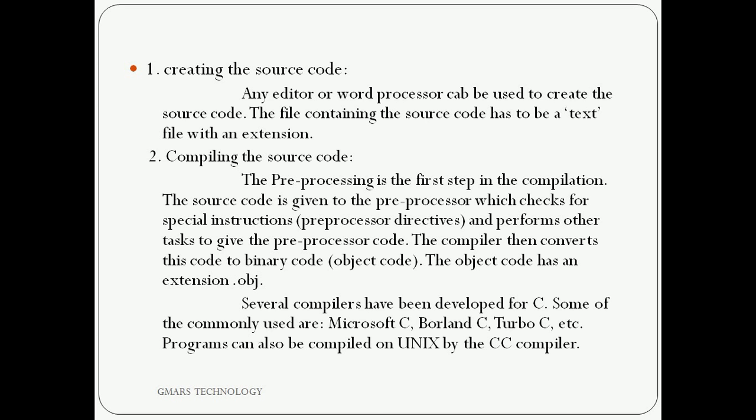The compiler then converts the code to binary code, that is object code, which has the extension .obj. Several compilers have been developed for C. Some of the commonly used are Microsoft C, Borland C, Turbo C, etc. Programs can be compiled on Unix by the cc compiler.